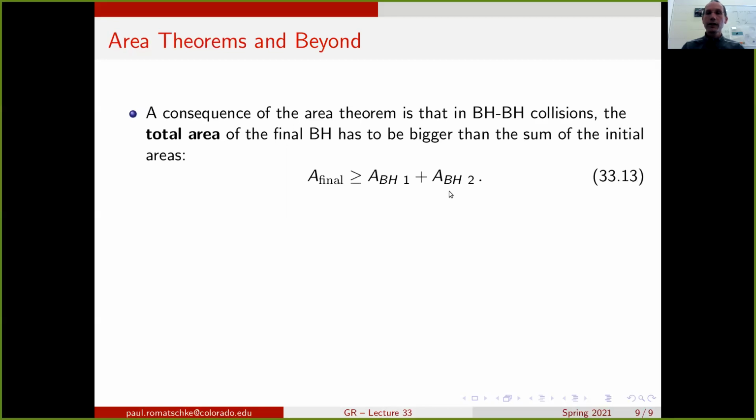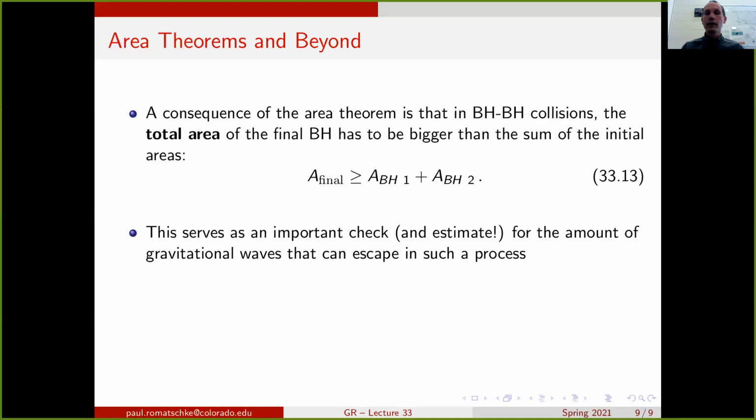Now, this is an important statement because the area is proportional to the entropy of the black hole, which also means that it's related to the final mass of the black hole. So this gives a limit on how heavy the final black hole has to be.